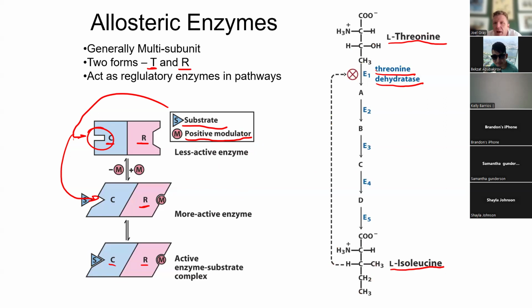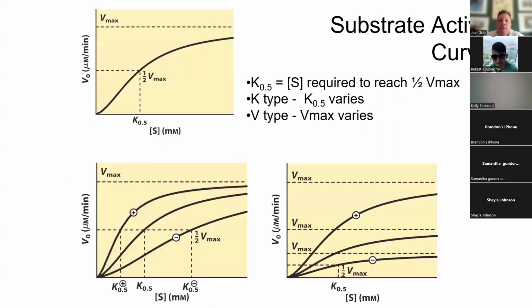When isoleucine binds to threonine dehydratase, the activity of threonine dehydratase plummets. It's a feedback loop in which isoleucine basically says, hey, there's a high concentration of me. We need to stop making me. And I'm going straight to the top. I'm saying threonine dehydratase, stop working, because there's too much of me present.